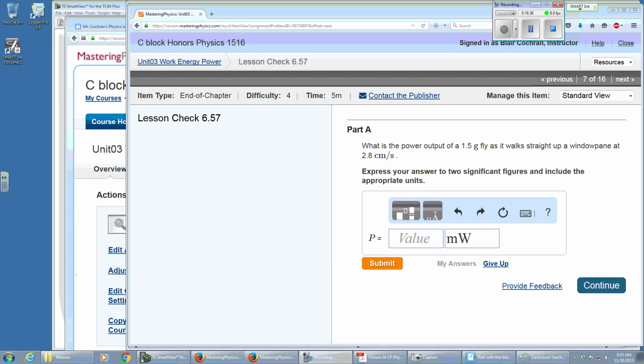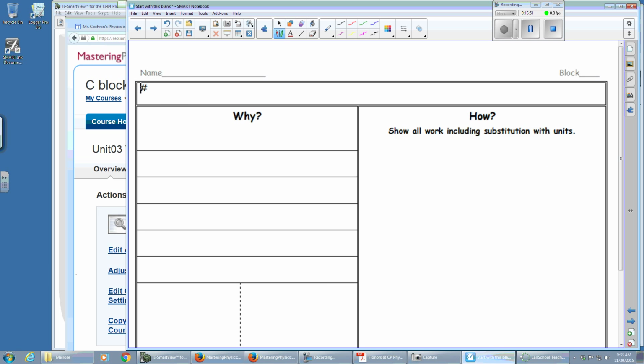So, power, is there going to be a force working against the fly as it goes straight up the window pane? Gravity, its weight, is going to be working against it, right? So I'd probably start my FBD with that. What was it, 6.57 or something?